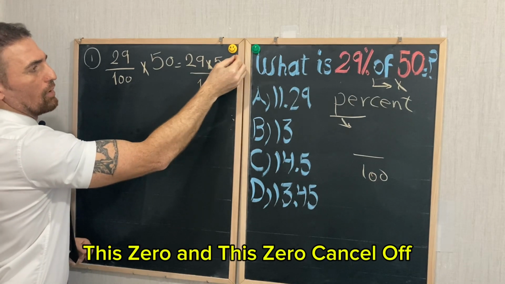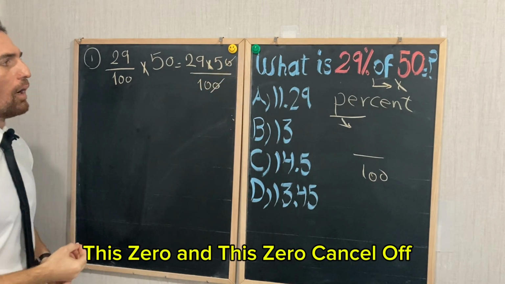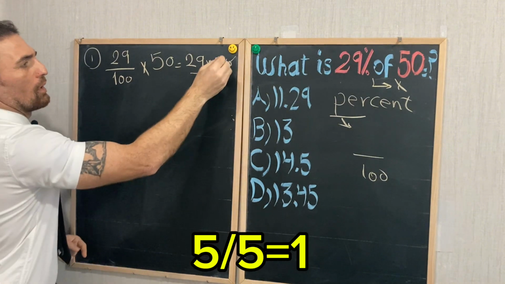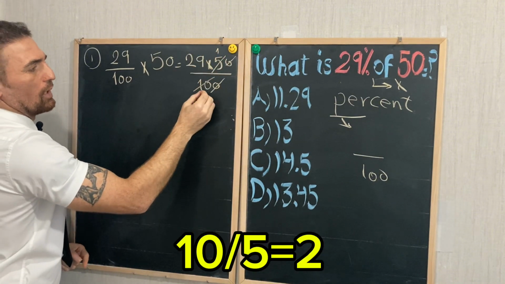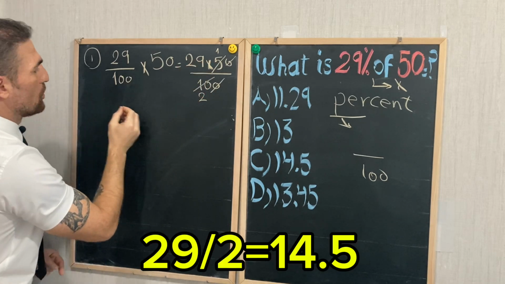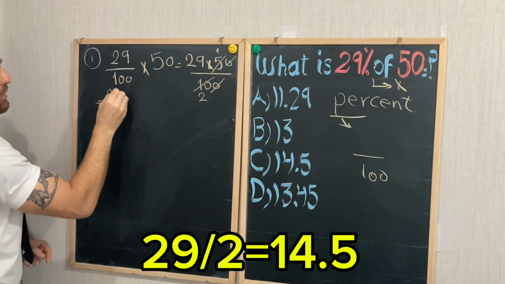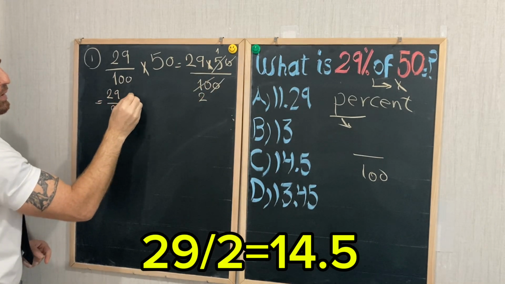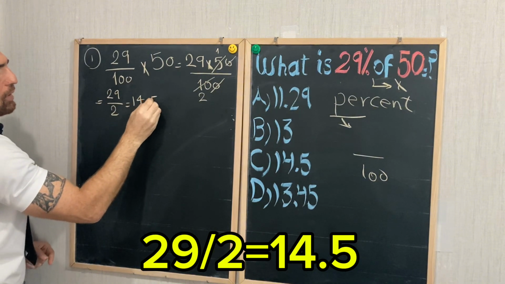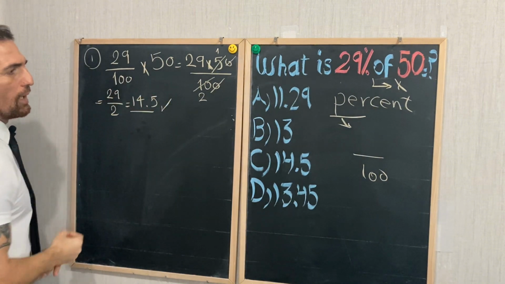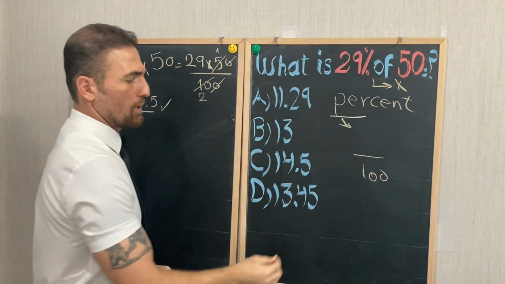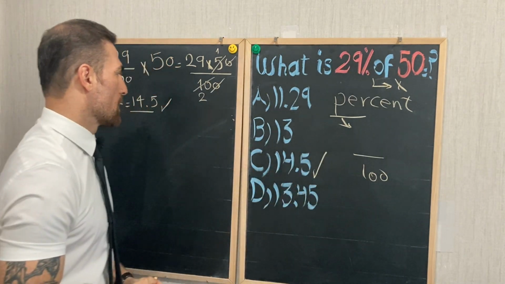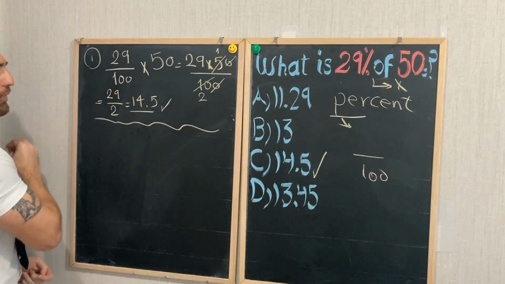Now, this zero cancels off. 5 over 5 equals 1. 10 over 5 equals 2. 29 over 2 equals 14.5. And this is the answer. Option A, no. Option B, no. And option C is our answer. This is the first solution.